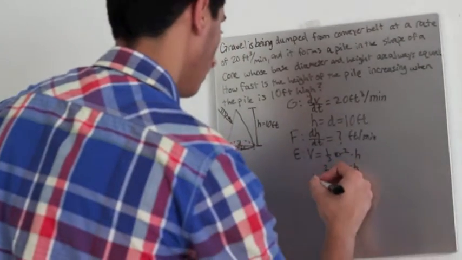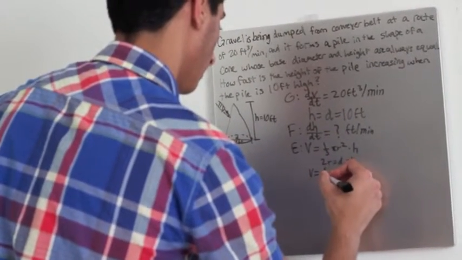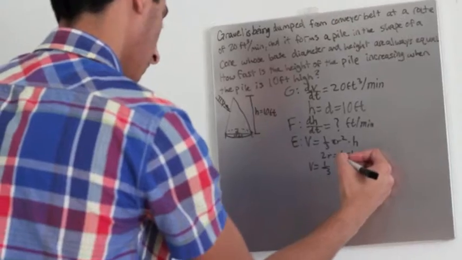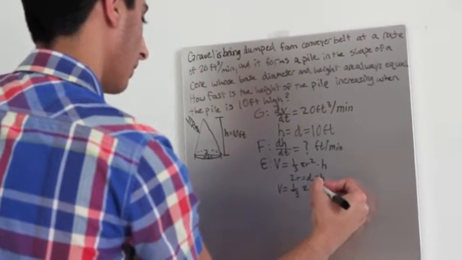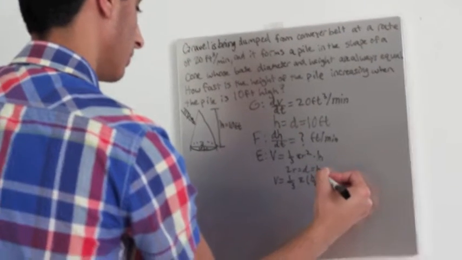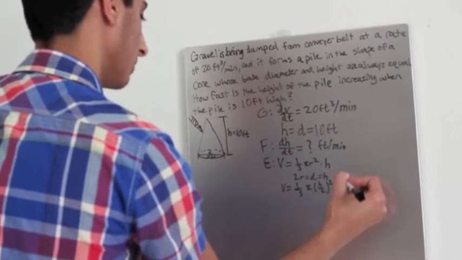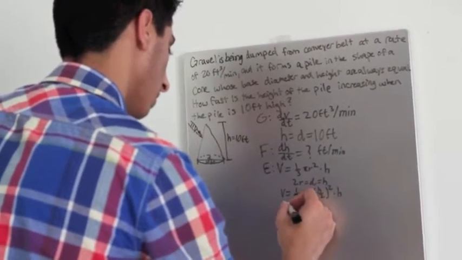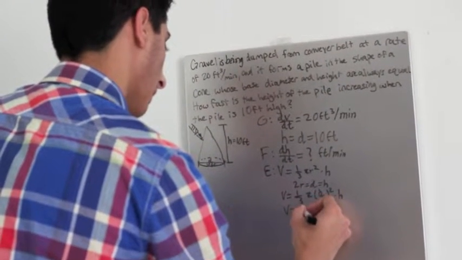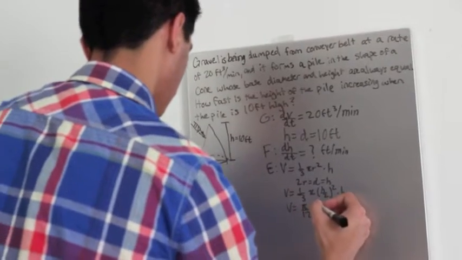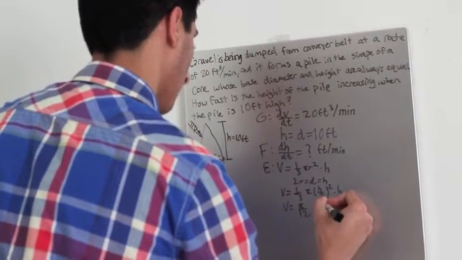So volume will equal 1/3 pi h over 2 squared times h. And when we solve this all out, we get pi over 12 times height cubed.